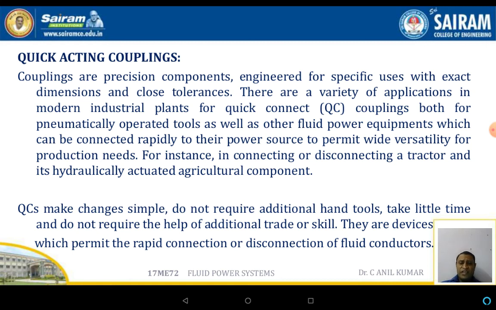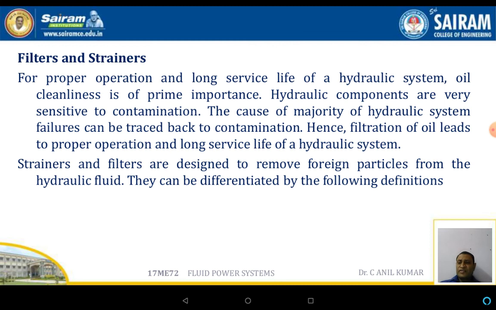For instance, connecting or disconnecting a tractor and a hydraulically actuated agriculture component where we use a quick acting coupling. Quick acting couplings are simple, they do not require additional hand tools, they take little time and do not require additional skills. These are devices which permit the rapid connection and disconnection of fluid conductors.